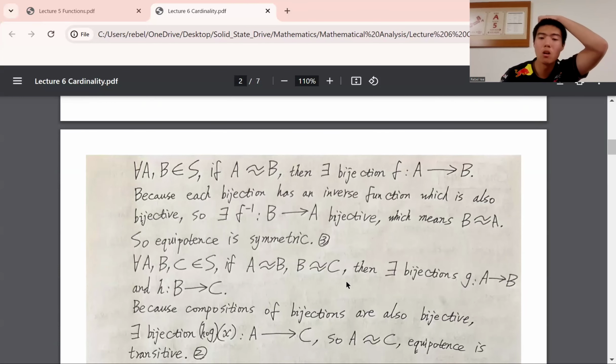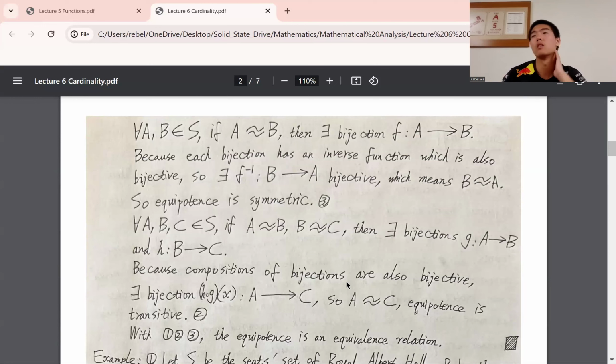For the third property, we use the fact that the composition of bijections is also bijective.